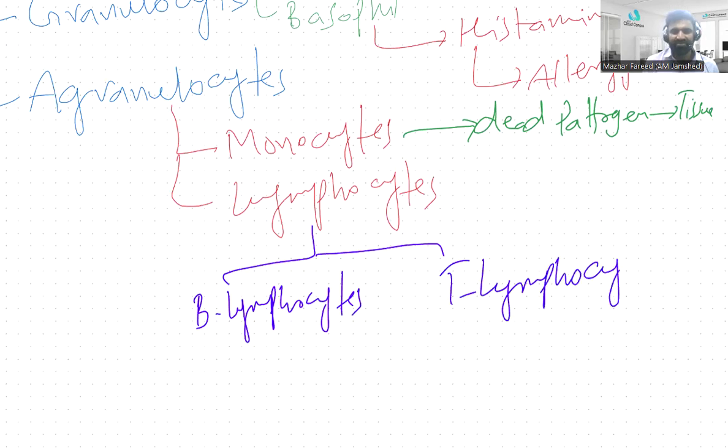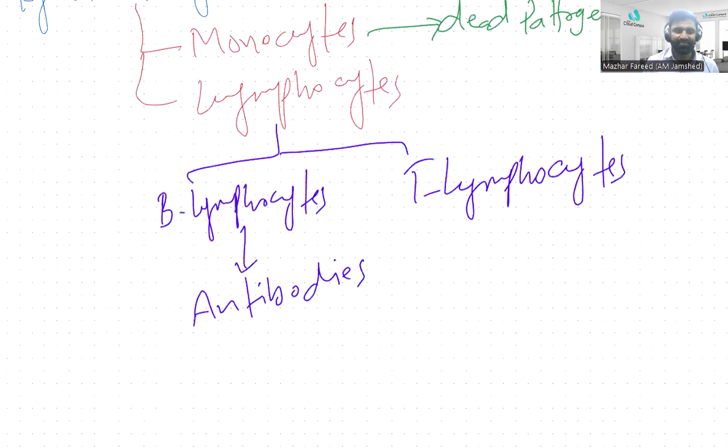The B lymphocyte produces antibodies. Antibodies are produced in response to antigens, and antigens are destroyed by antibodies.